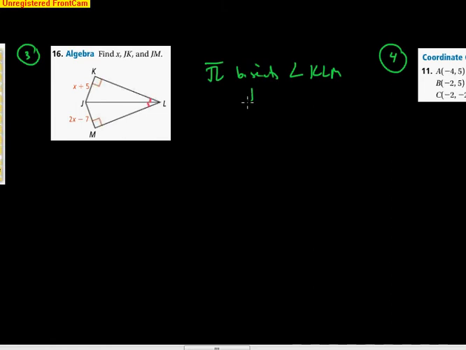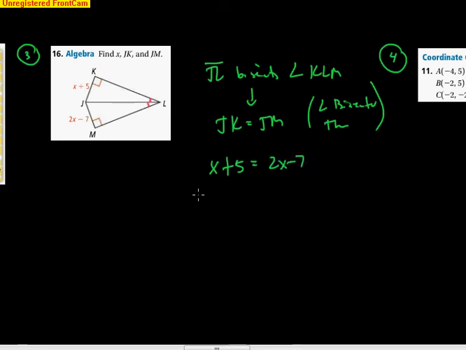So this means that JK is equal to JM. This is the angle bisector theorem. So substitute. X plus 5 equals 2x minus 7.